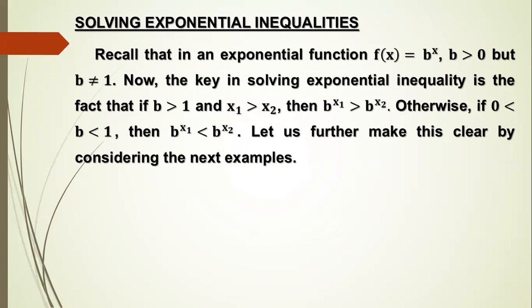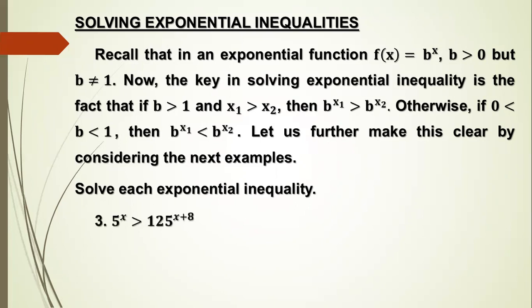Let us further make this clear by considering the next example. So let's have some examples on how to solve exponential inequalities. Solve each exponential inequality. So for number 3, we have 5 raised to x is greater than 125 raised to x plus 8.